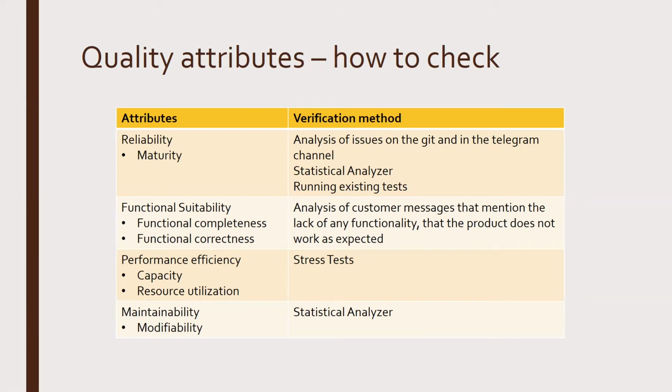Next one is performance efficiency. So we try to redo some of the stress tests that they describe and check whether their numbers are true, and we think that maintainability we can assess according to the statistical analyzer.